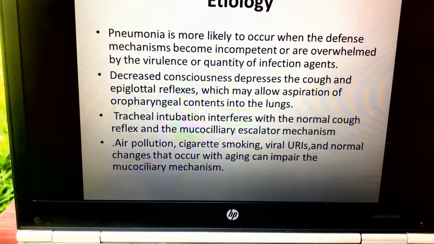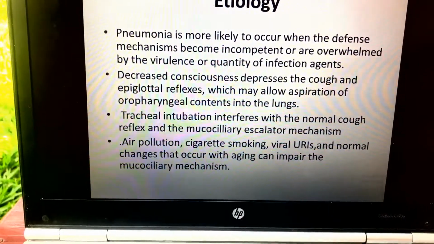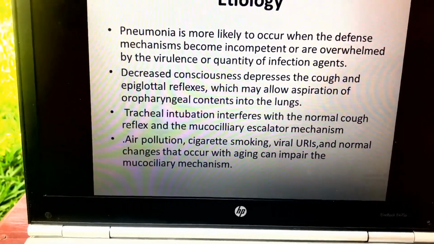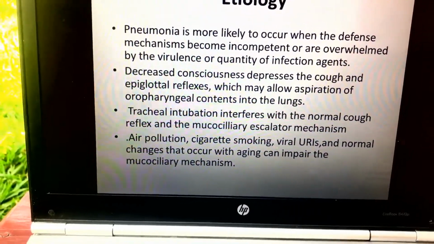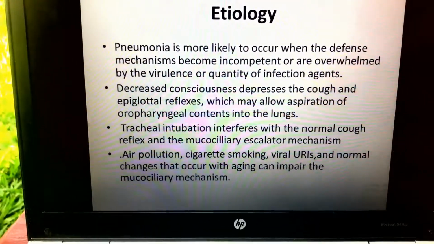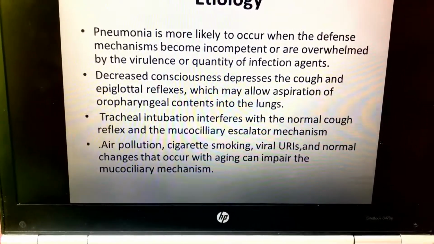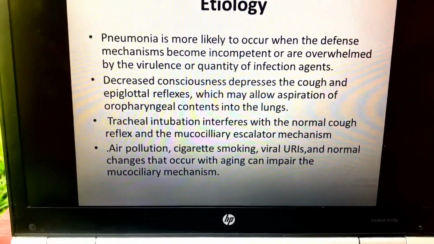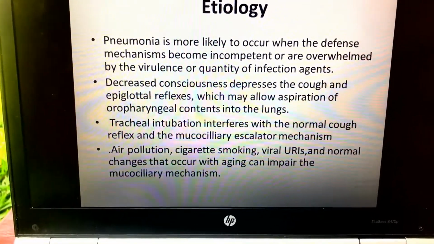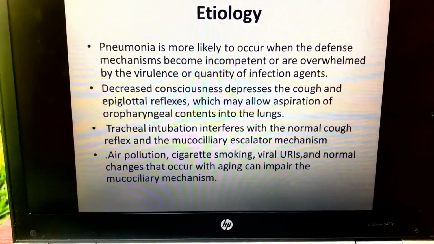This is the tube, passed through the mouth down to the bronchi. The tube will interfere with the normal cough reflex, and when the normal cough reflex is depressed, we can't cough out those particles. The microbes and viruses that are trapped by the cilia and the mucus can then go up to the lungs and infect the parenchymal cells.